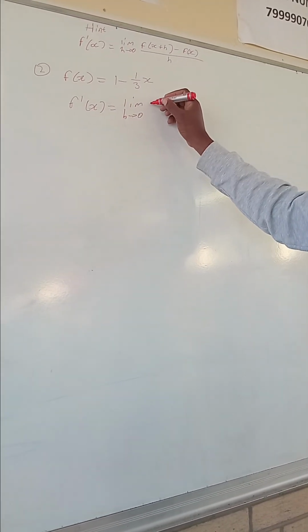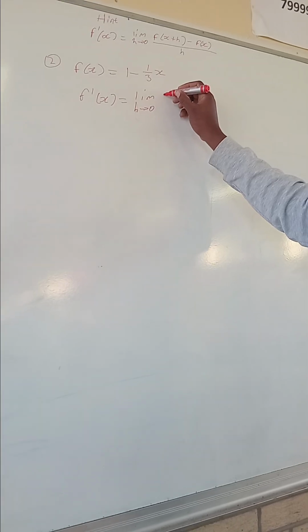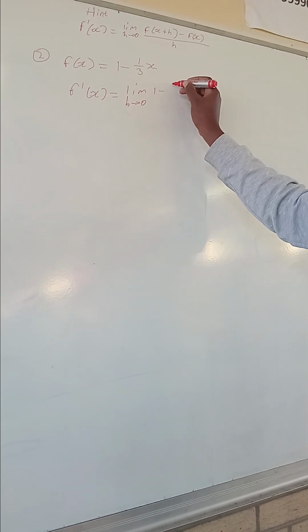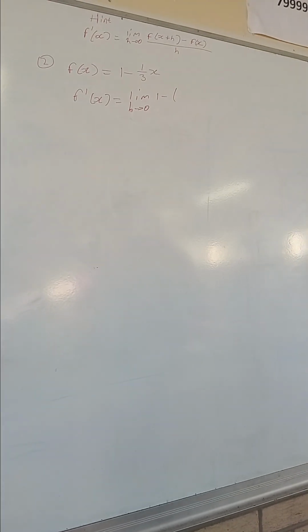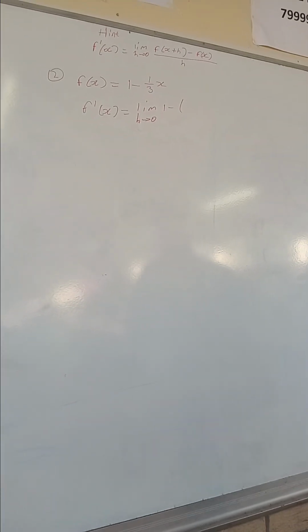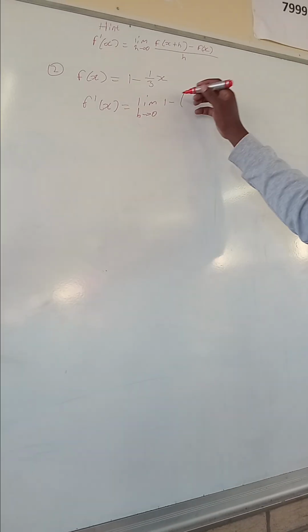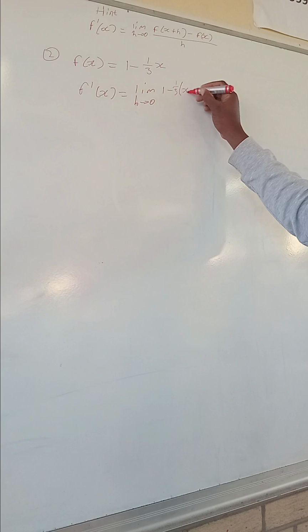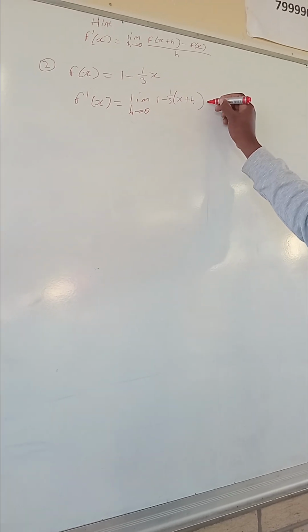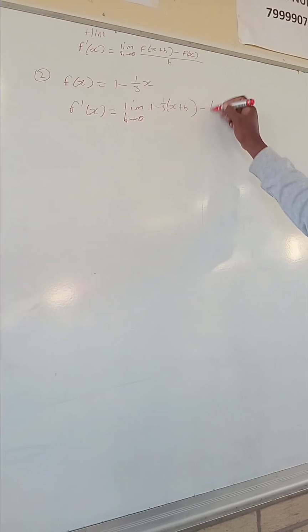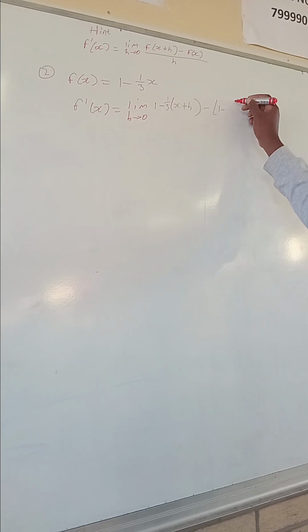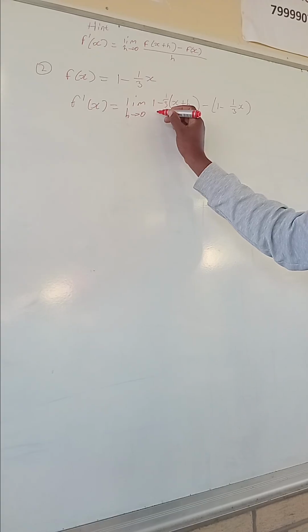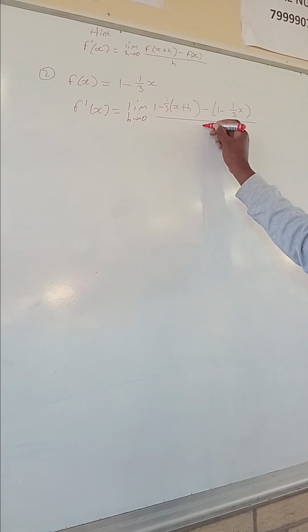Our f is 1 minus 1 over 3 of x plus h, minus our f of x, which is 1 minus 1 over 3x, all divided by h.